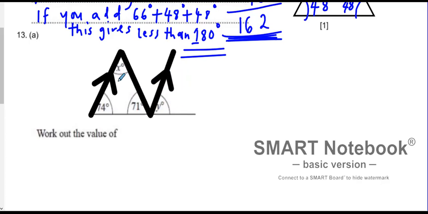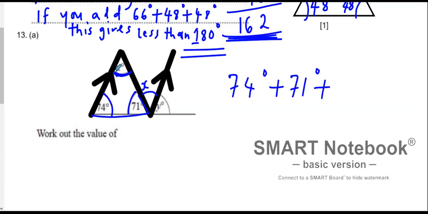It means that if this angle is X, even this angle will be equal to X. So what we are supposed to do is to find the value of X, which is inside that triangle. So you take 74 plus 71 plus X. That must give you 180 degrees.